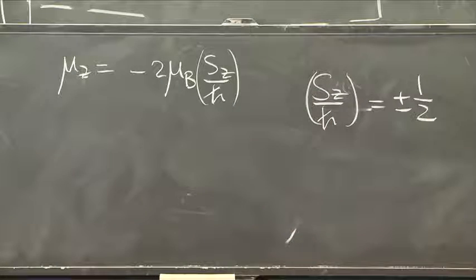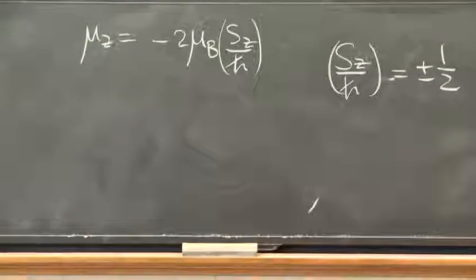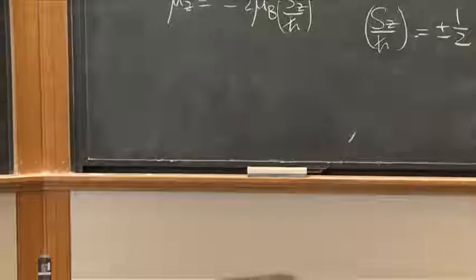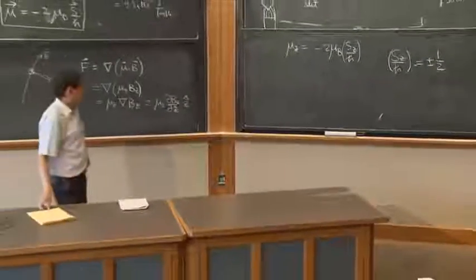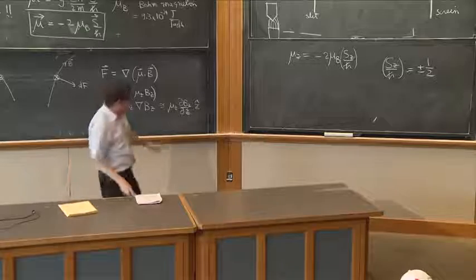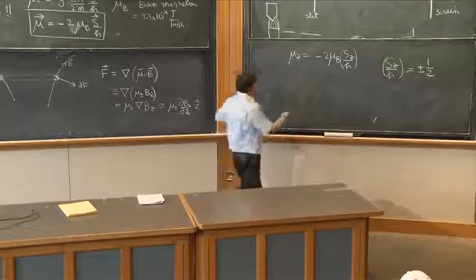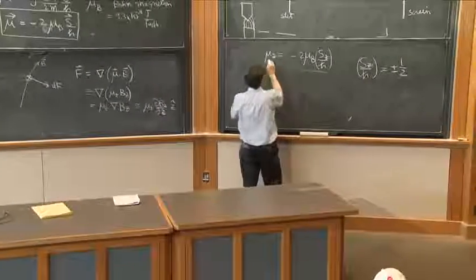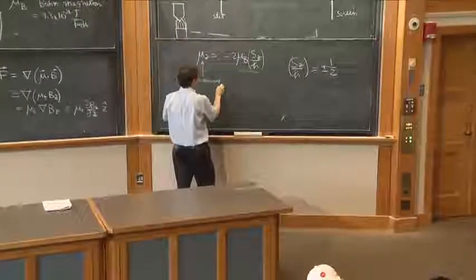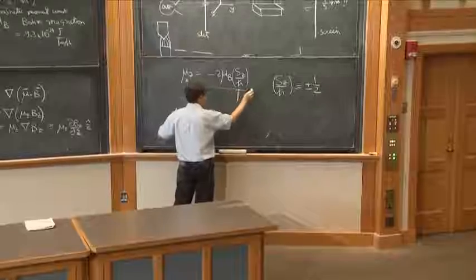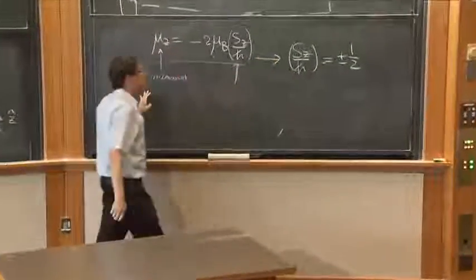This kind of particle that has S_z over h bar equal to plus or minus 1/2 is called a spin 1/2 particle. So again, from this equation, this can be measured, and you deduce this, and you get this value.